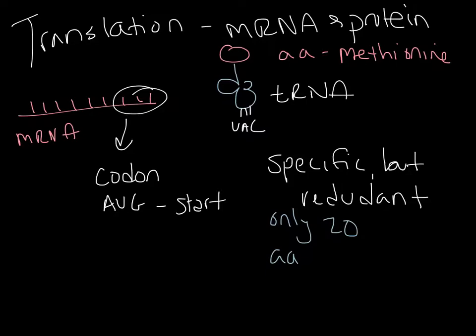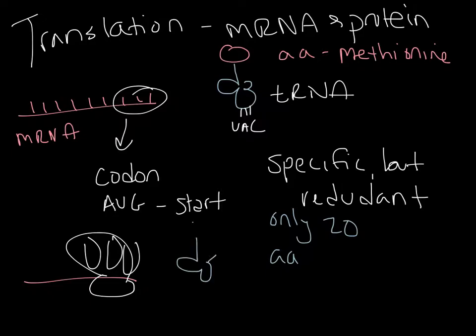So we have the start codon, and as we move along, this is all carried out by a ribosome. We have mRNA, a ribosome with different sites, and tRNA entering and exiting, dropping off a variety of amino acids. This process repeats and repeats, and eventually you end up with a protein.